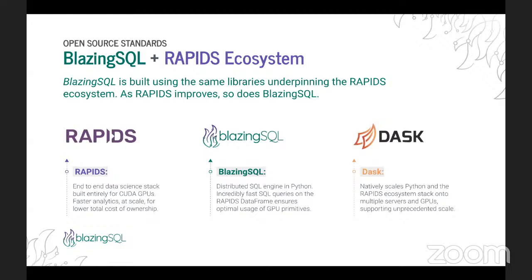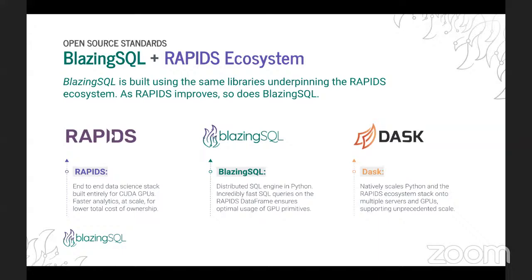How does it fit into the whole Rapids ecosystem? BlazingSQL, as I mentioned, is a distributed SQL engine that is part of the Rapids ecosystem. Rapids is the end-to-end data science stack that runs pretty much entirely on GPUs, unless you really need the data back in host memory, in which case you can just bring it over. Everything you run with Rapids executes on GPU, and the same goes for BlazingSQL.